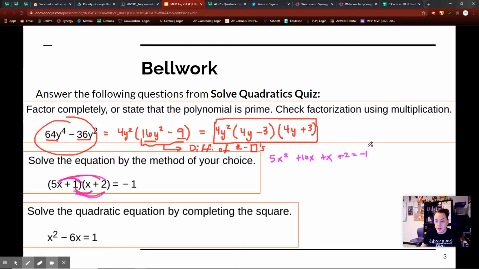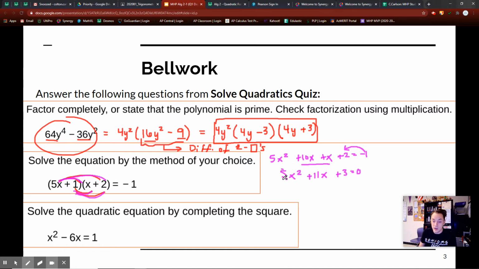Equals negative 1. Let's combine these, and I'm going to add that 1 over so I can get 0 on that side. So this is 5x squared plus 11x plus 3 equals 0. Now since the leading coefficient is not 1, I'm going to try the divide and slide.